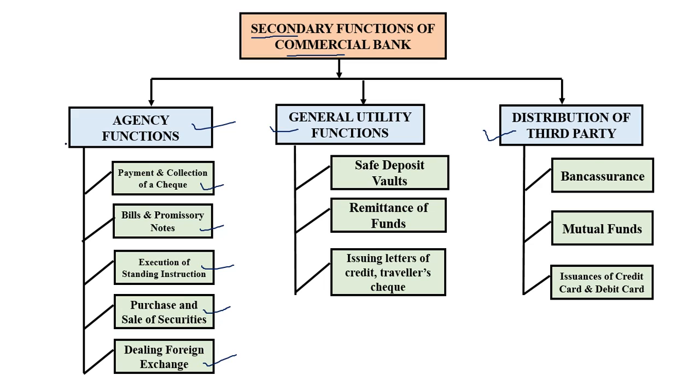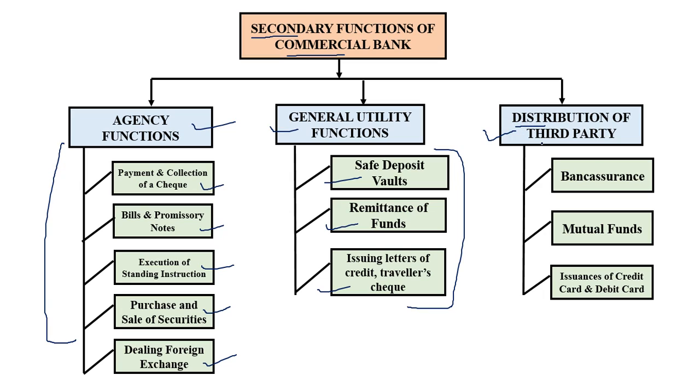So these are all agency functions which a commercial bank performs. Under general utility function, there is safe deposit vaults, remittance of funds, then issue of letter of credits, then travelers check, gift checks. So these are general utility functions.